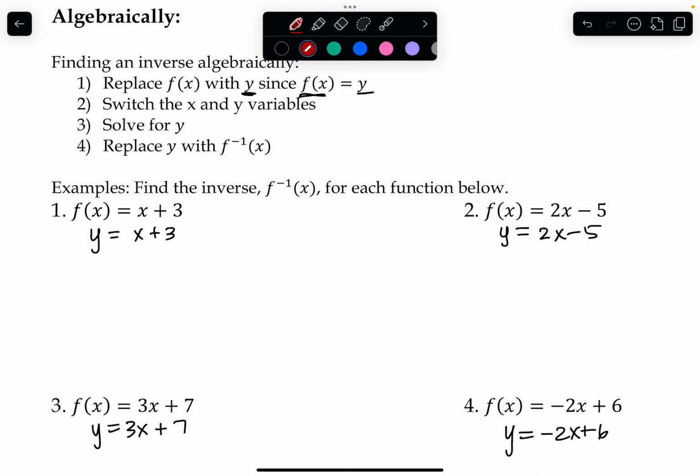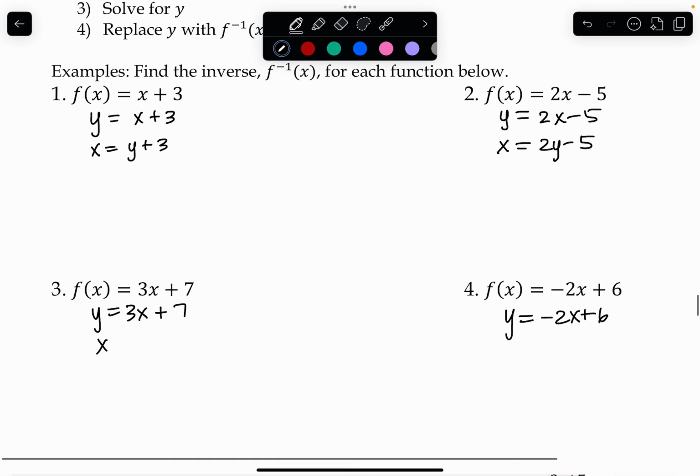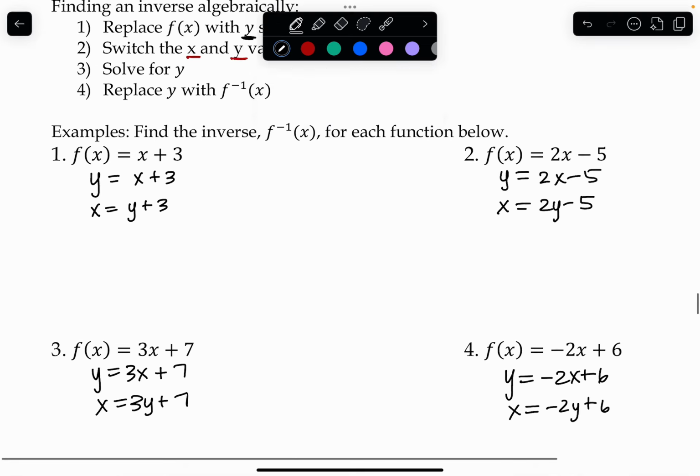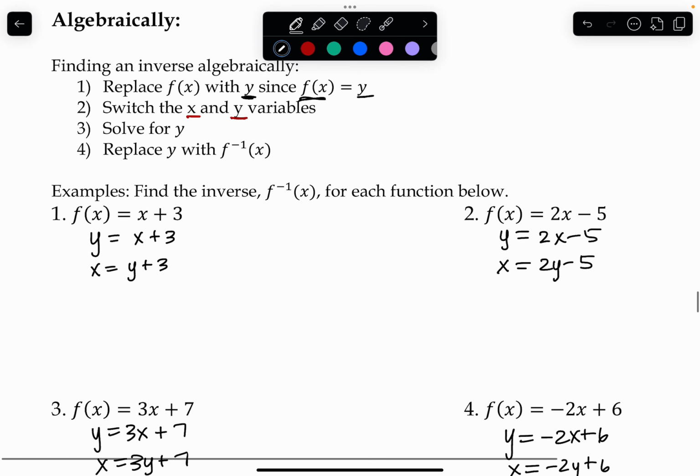Next, we're going to switch the x and y variables. So x equals y plus 3, x equals 2y minus 5, x equals 3y plus 7, and x equals negative 2y plus 6. Then we have to re-solve for the y variable.